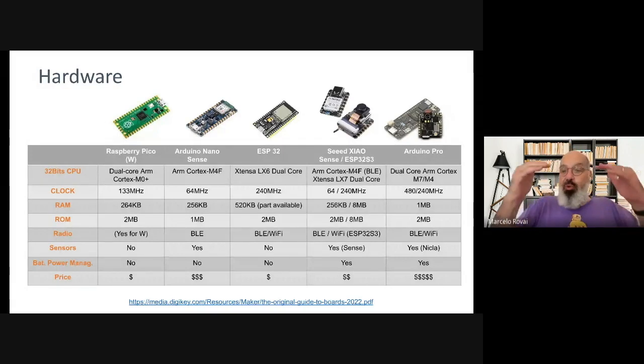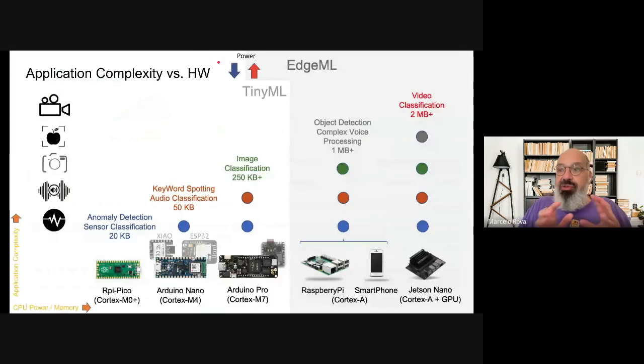Okay, with more details. But another thing that I like to say when I talk about what microcontroller or development board I use in my projects is what's the application that you need for your microcontroller. For example, I work with anomaly detection.